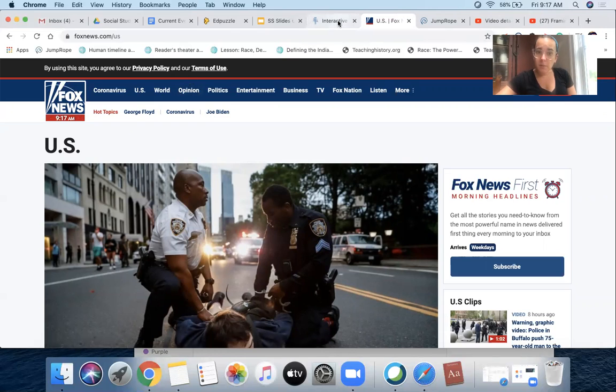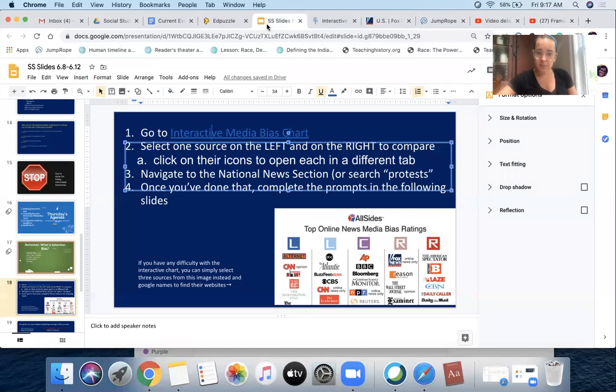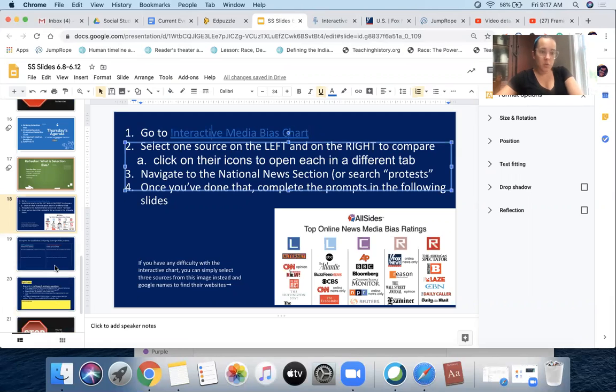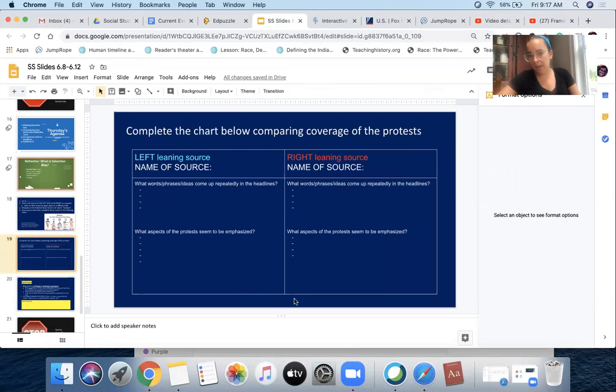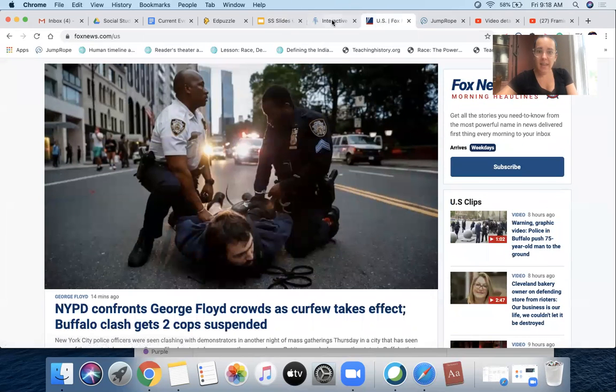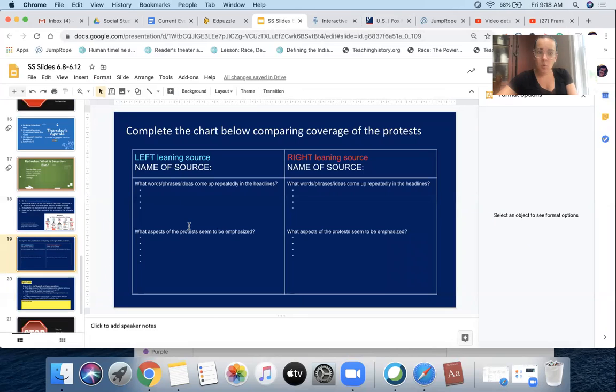Once you open up 2 sites that are on different sides of the bias rating, you will complete this chart, which is basically comparing the words, phrases and ideas that come up repeatedly in the headlines, and what aspects of the protest seem to be emphasized.